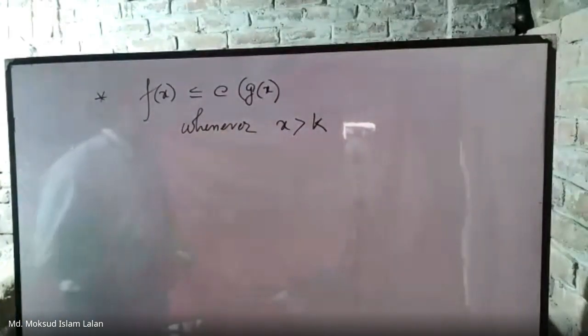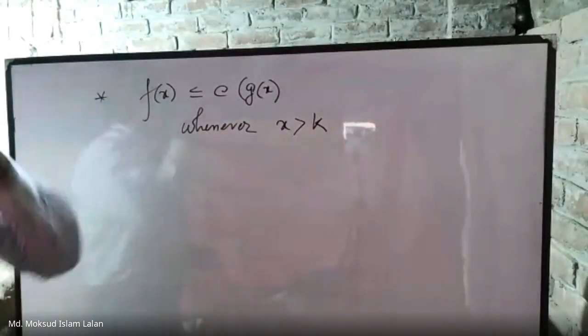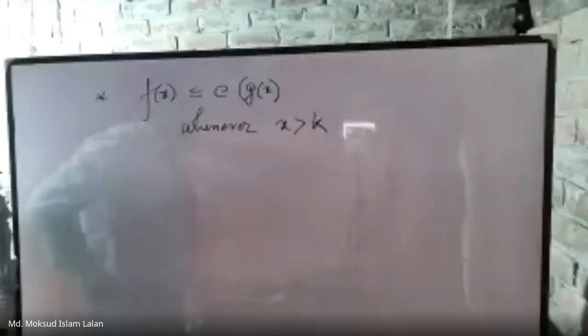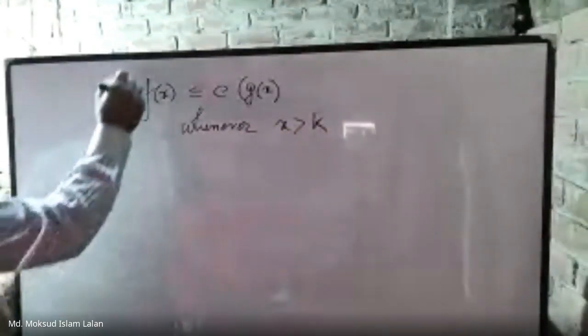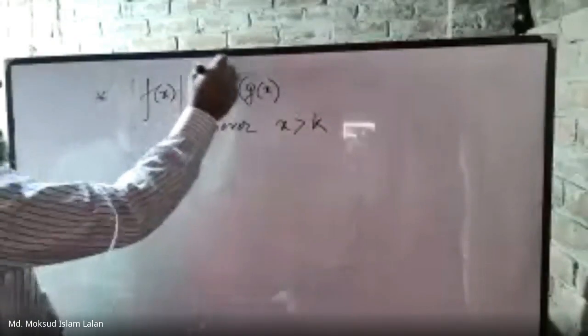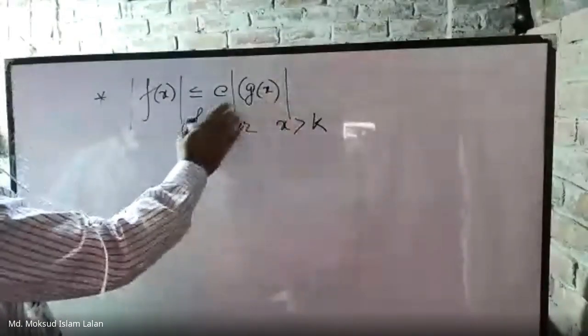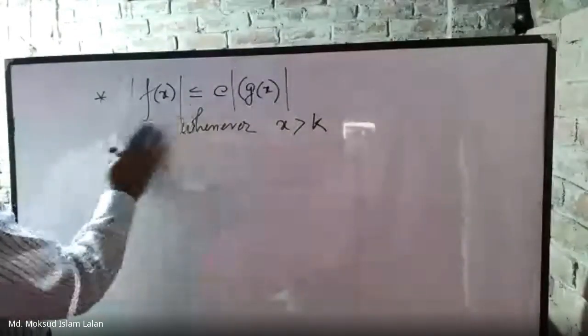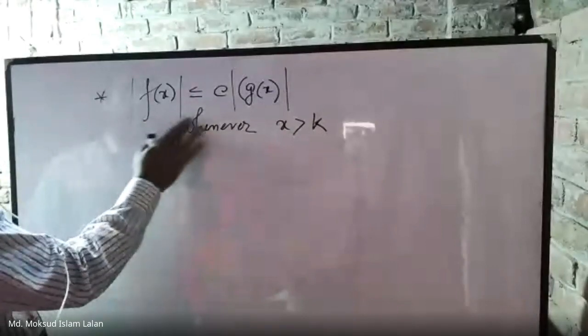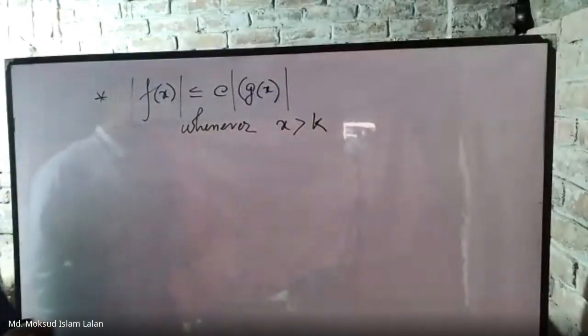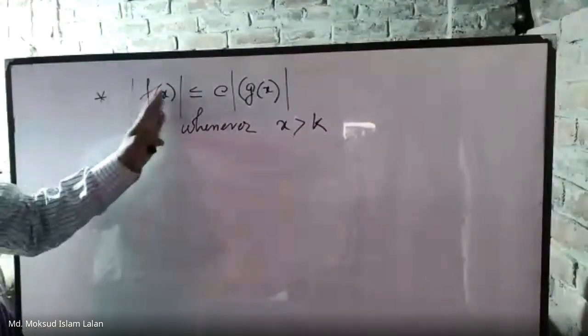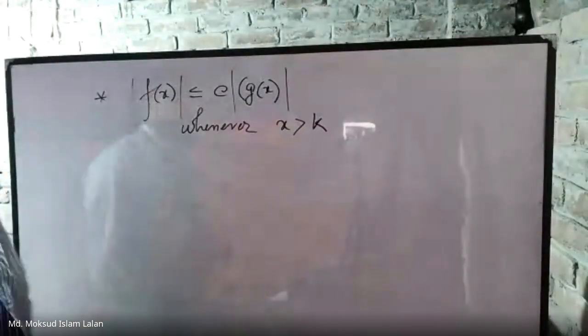Can you see the definition clearly? In your book there is an absolute sign, because I have already explained that this is time, or a number, so it is just considered positive.